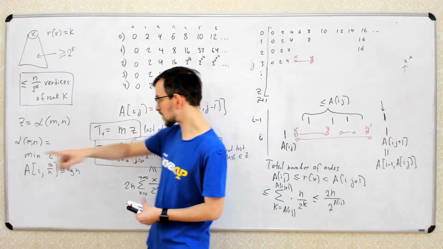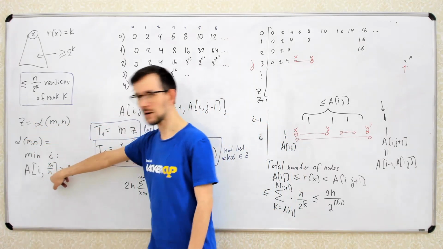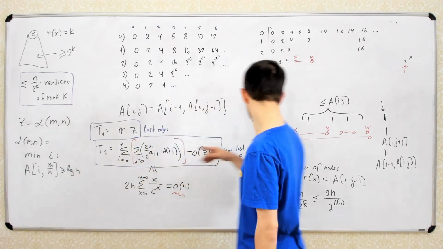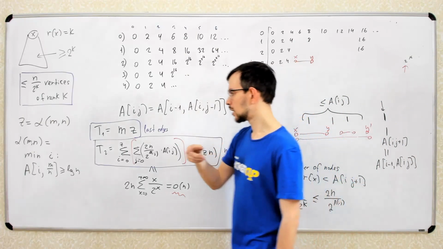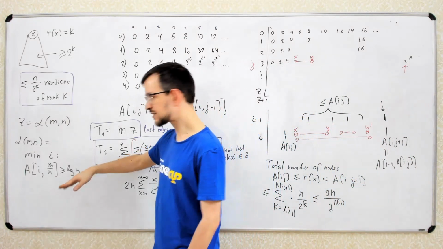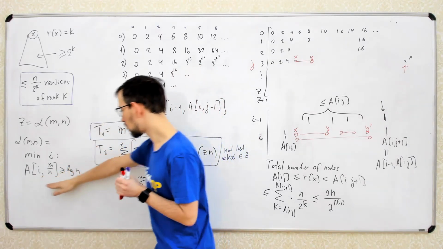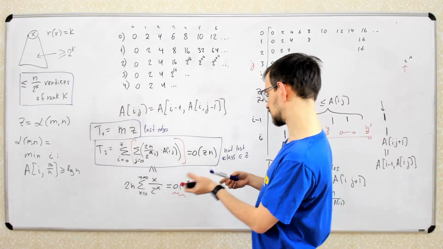And we especially pick the Z in such a way that in sequence Z we will have no more than m over n elements, no more than log n. All the ranks are less than log n. In the last sequence, we only need elements up to log n, and we have no more than m over n elements in the last sequence.